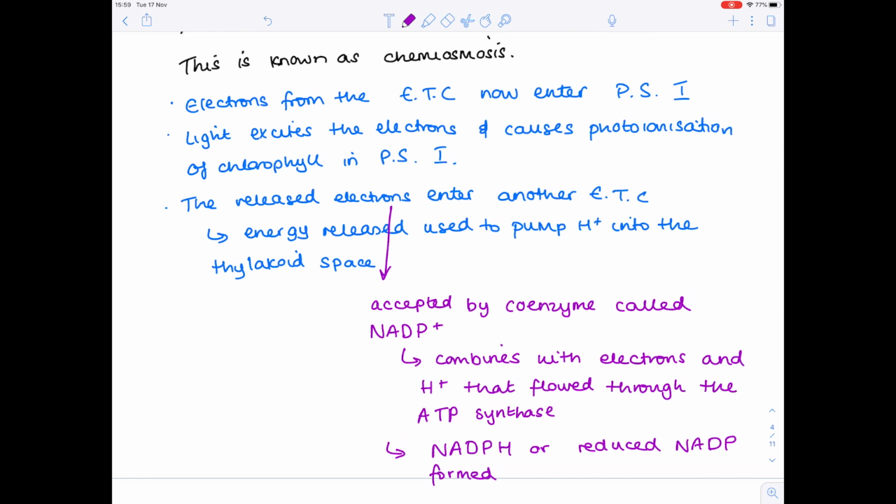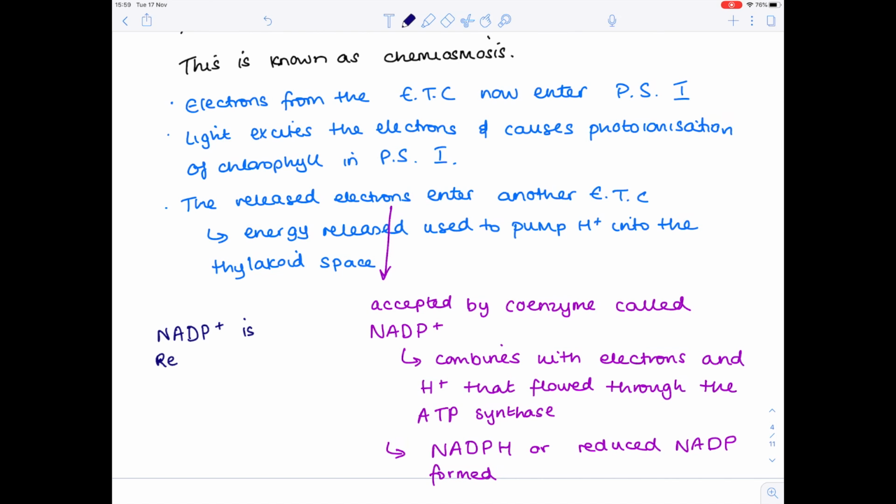And so to reiterate, we know that electrons pass through that second electron transfer chain. We know that hydrogen ions have been pumped by the ATP synthase. Both of these things now get accepted by NADP+. Because that NADP+ gains hydrogen ions, we can say that the NADP+ has been reduced.